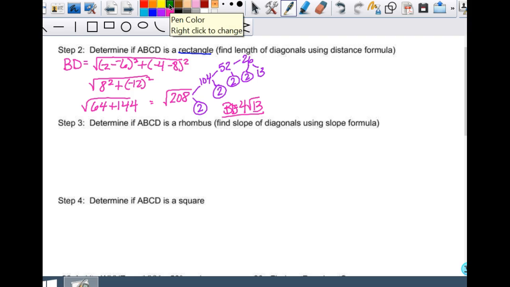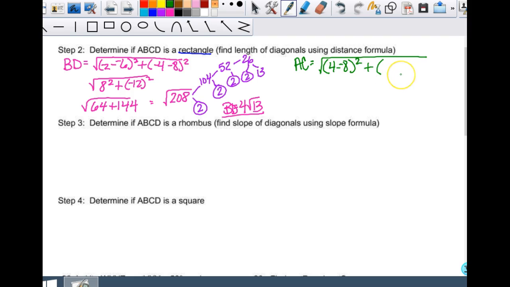So the other diagonal, if that was BD, would be AC. So the length of AC is the square root of 4 minus a negative 8 squared plus 6 minus a negative 2 squared.